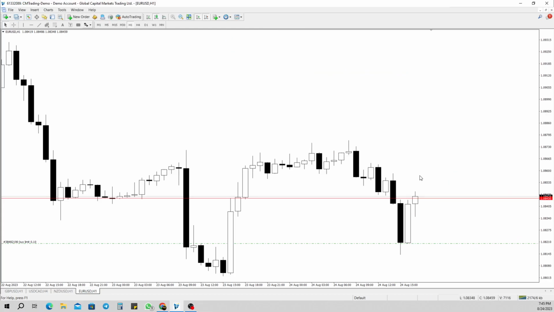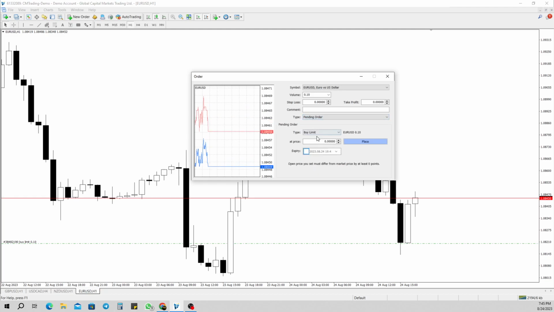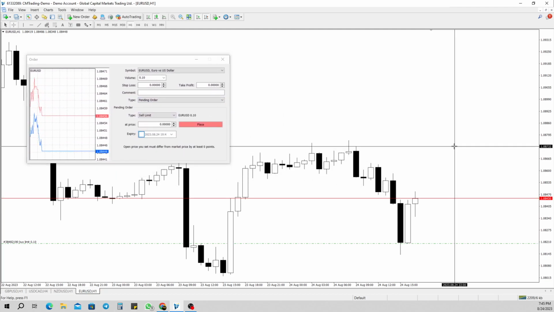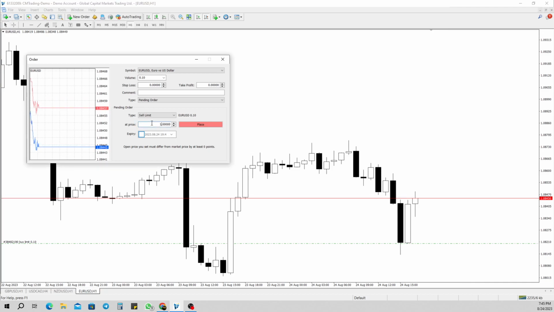In order to execute a sell limit, you click on new order, click on pending, and then select sell limit. The second step is to put that price. For example, you want to enter a sell around 1.0870.